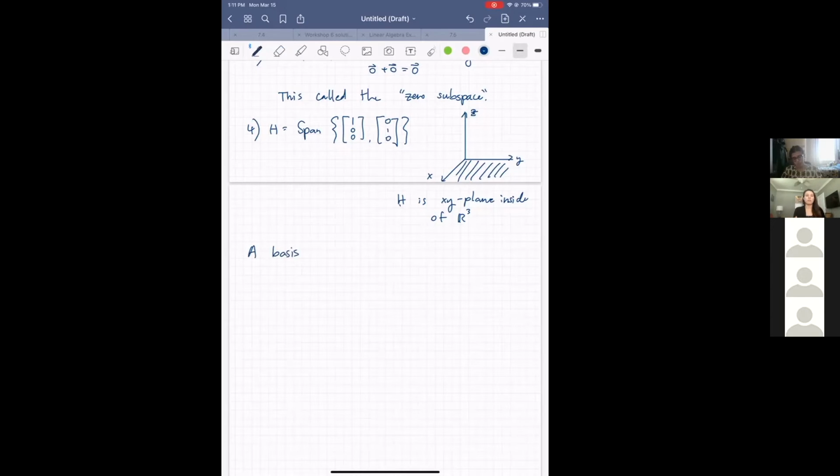Just to write it out in words, and then we'll have a formal definition: a basis for a subspace is going to be a minimal, linearly independent spanning set. By spanning set, I mean a set that spans the space, right?